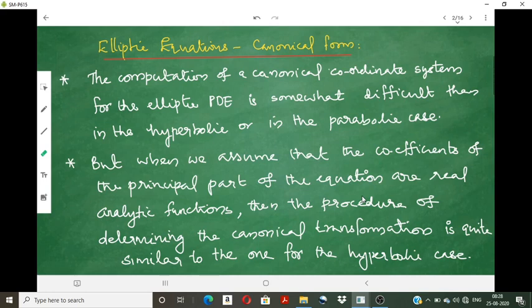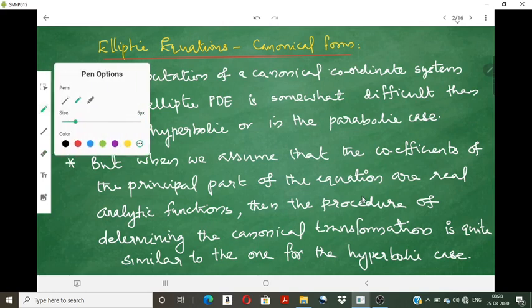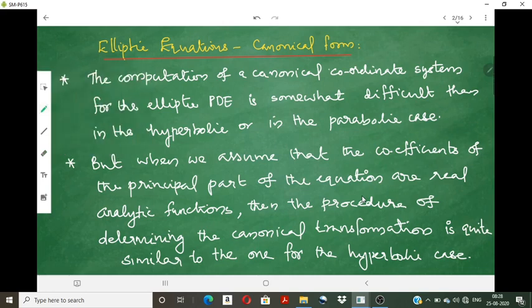We assume that the coefficients of the principal part, we know that the type of an equation is determined by the principal part, that is by the discriminant, which is given by the principal part of the second order PDE.